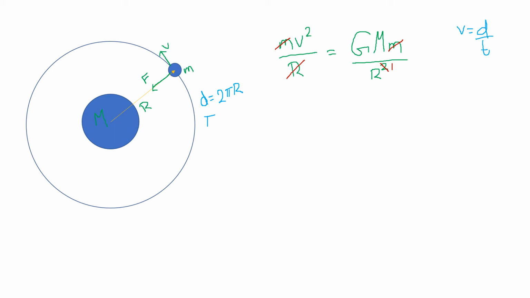In this case, v is equal to 2 pi r over T.